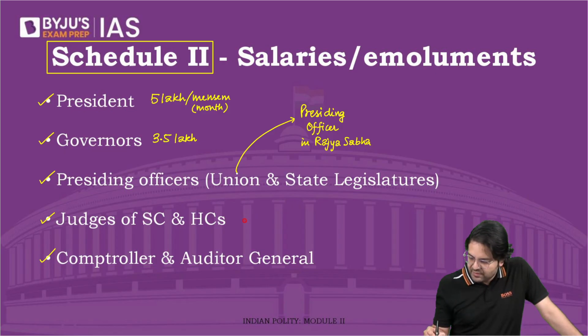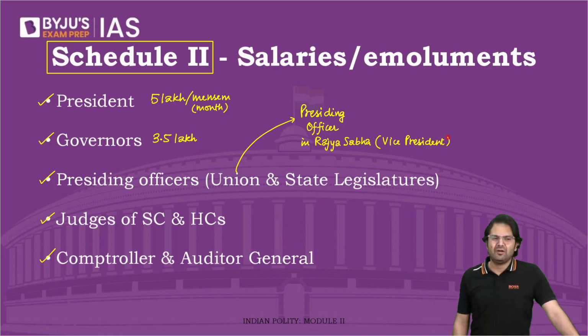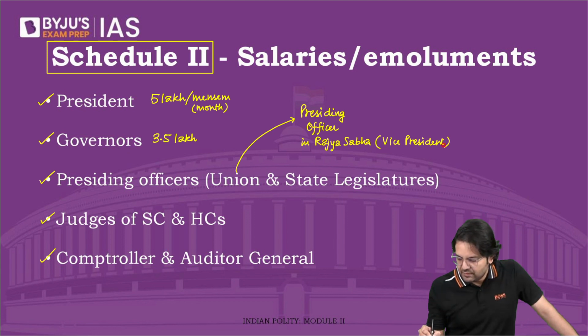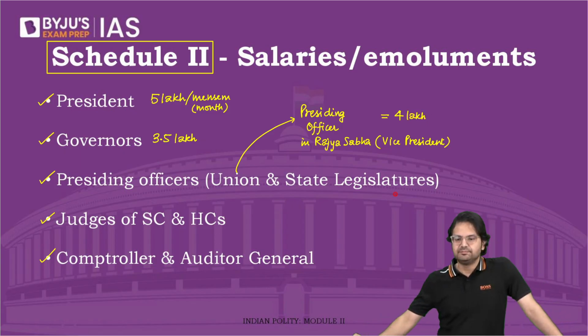Of course, this is the Vice President of India. The Vice President of India is the presiding officer of Rajya Sabha. Now, who are presiding officers, we'll discuss later on. In case you don't know, no problem. Their salary is 4 lakhs per month, per mensum.